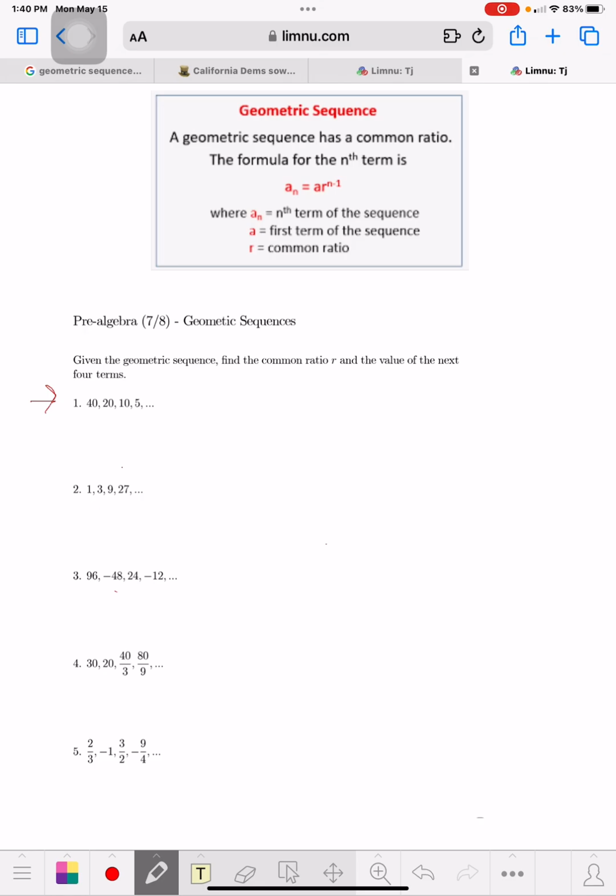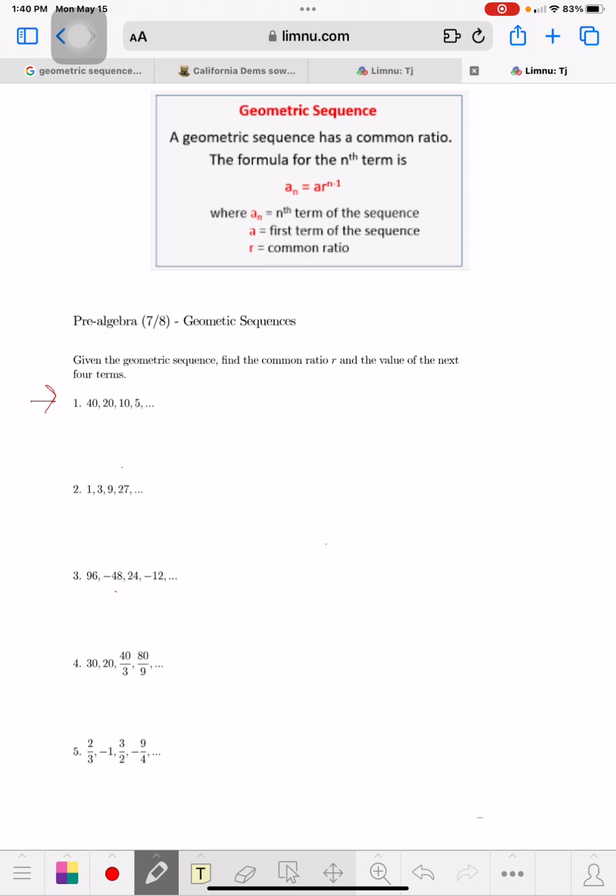So it's not addition or subtraction. But it is multiplication. The way they went from 40 to 20 is they multiplied by 0.5, and then from 20 to 10, you multiply by 0.5.